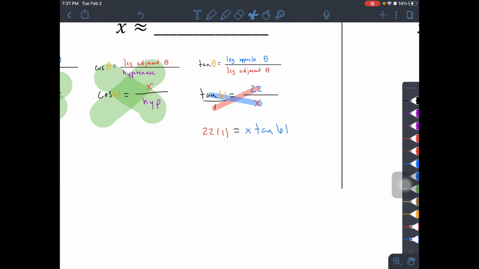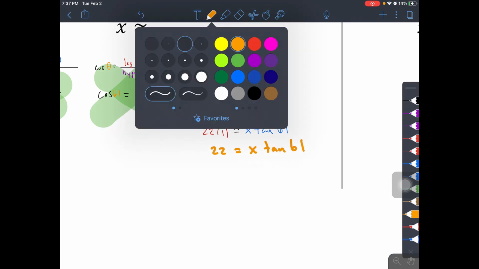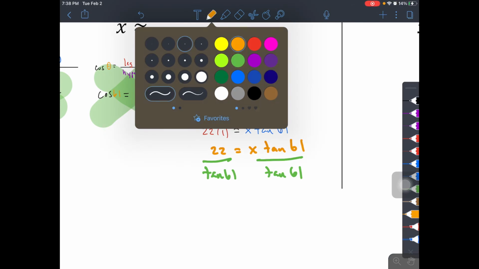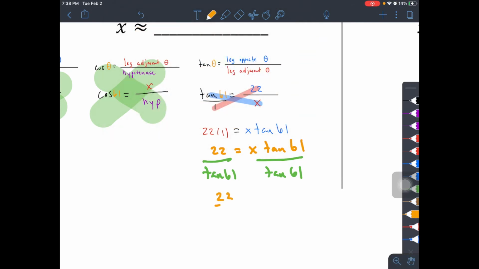Now I'm going to solve for x here. We're dividing by the tangent of 61 to get x by itself. So then our answer is 22 over the tangent of 61 equals x.